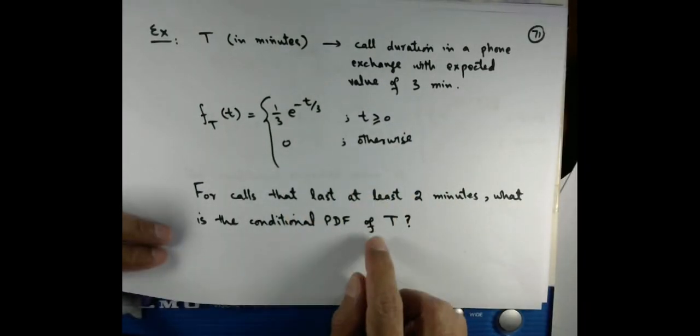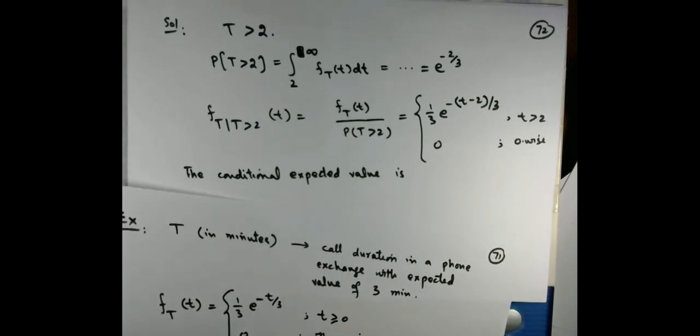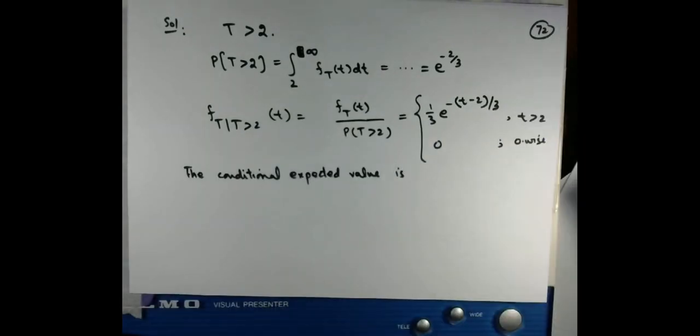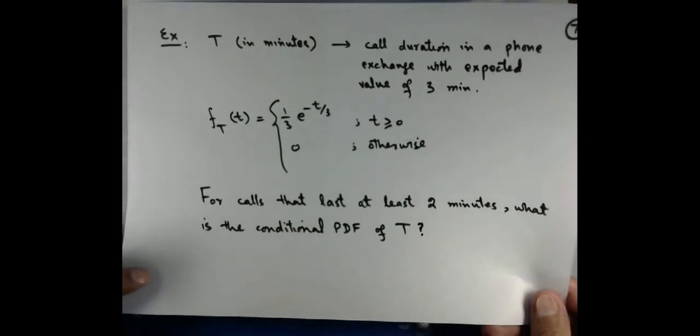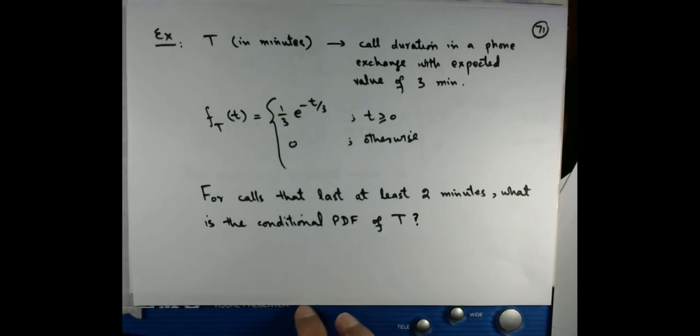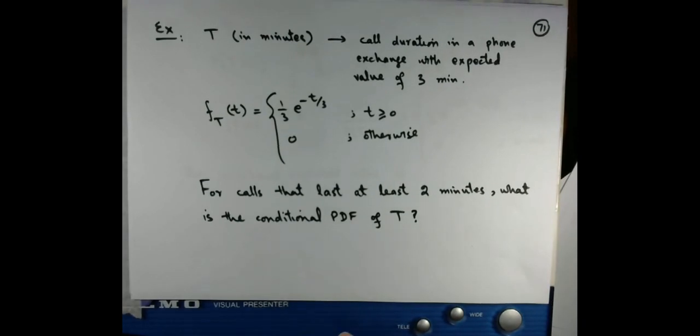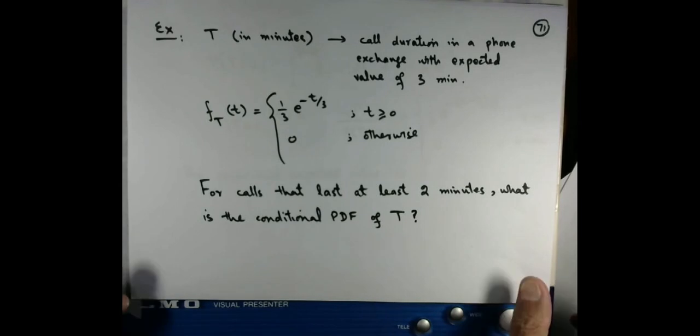This conditional expectation should obviously be greater than 2 minutes because even the smallest call is 2 minutes. So the average should be greater than 2 minutes.